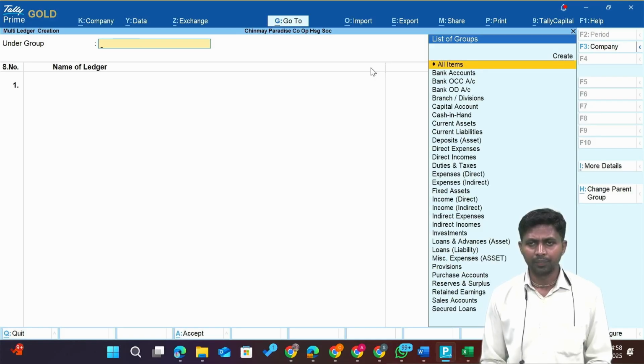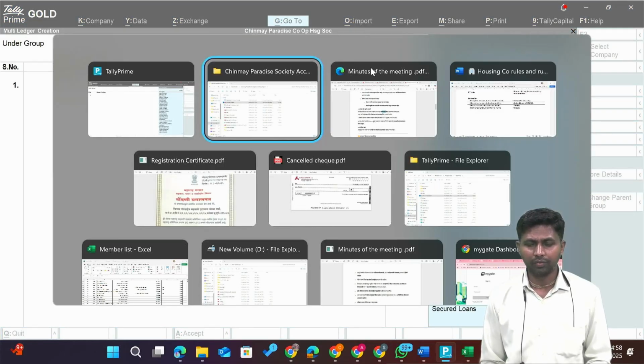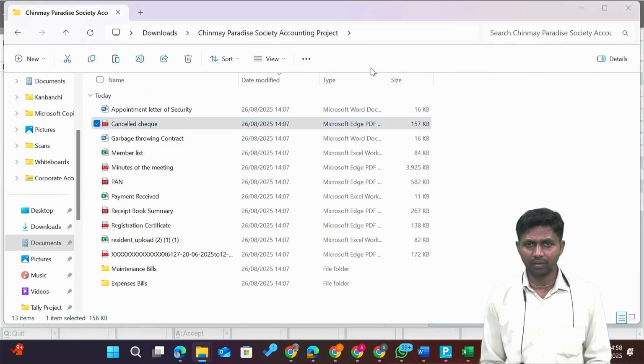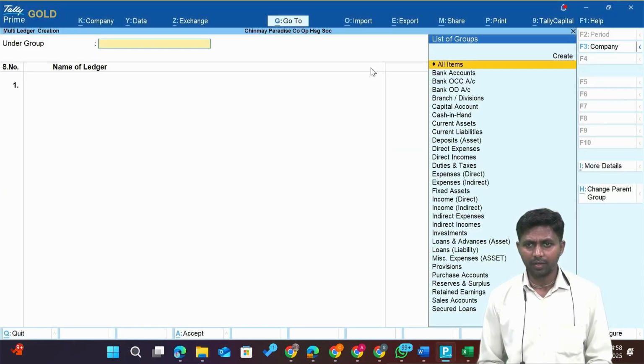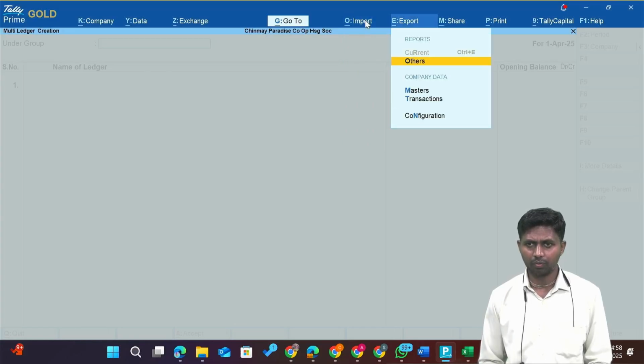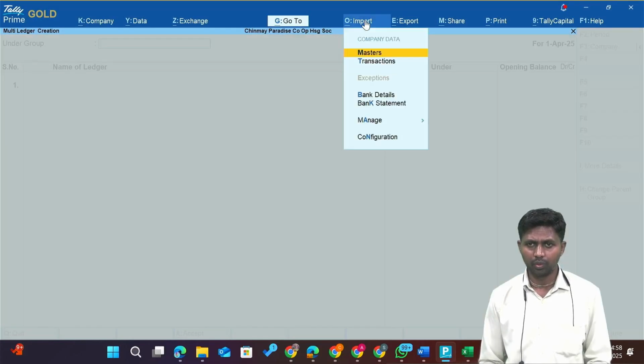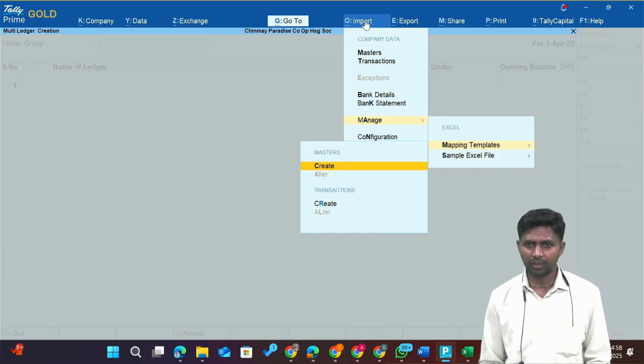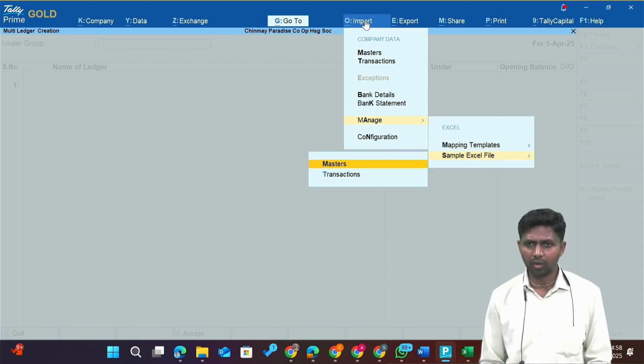Here you can see sundry debtors data, and after that just copy and paste. But we want to import it from Excel. To import it from the Excel, we require a master file or template file. Now, from where will you get the template file? In the import option, we have manage, and in that you will get a sample Excel file, or mapping the template, or sample file.